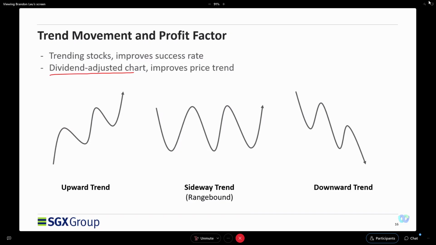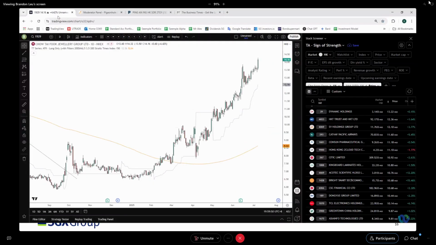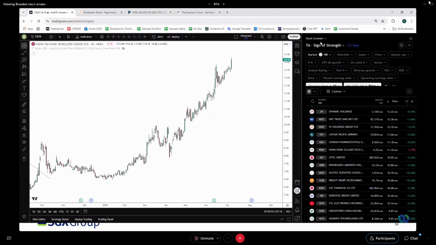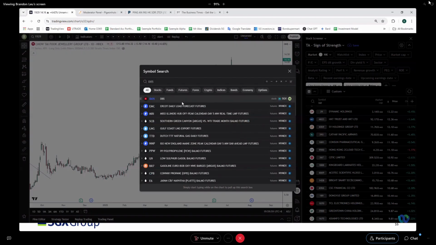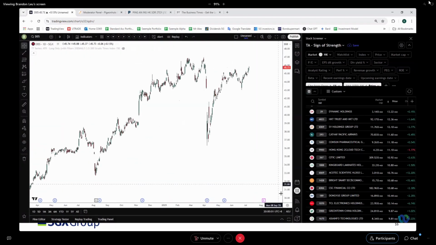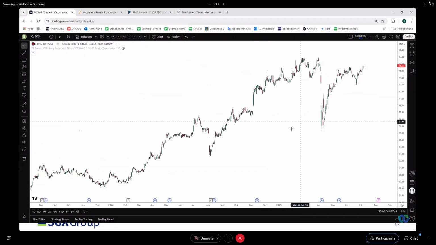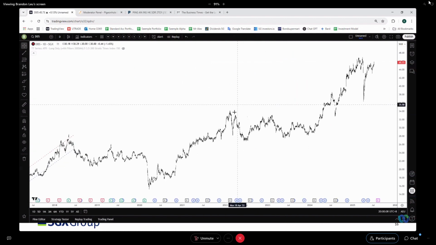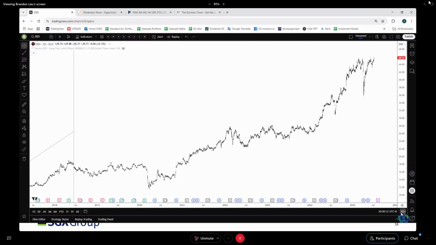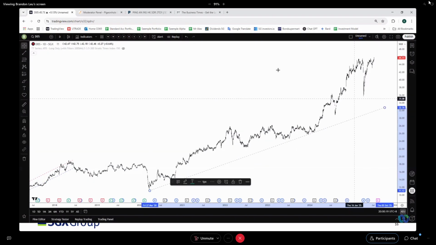I'll show you what a dividend adjusted chart is. So let me just switch this off. A dividend adjusted chart means that I will include dividends in my chart. So this is DBS. I hope you can see it. Of course, with years of giving dividends, at times it's sideways, but when I include dividends into the price, you can see that the slope is actually higher.